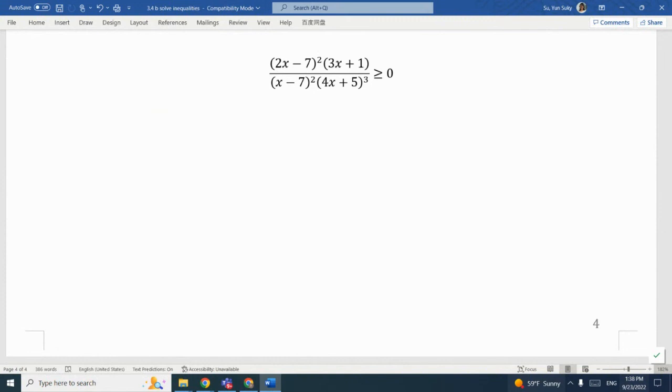Is it a single fraction? I will say yes. If you have a fraction minus another fraction, that's two fractions. But this is a single fraction, and we factor completely, but it's still a single fraction. Is that okay, everybody? All right, and it's already factored, which is nice. So we can start with the critical numbers.